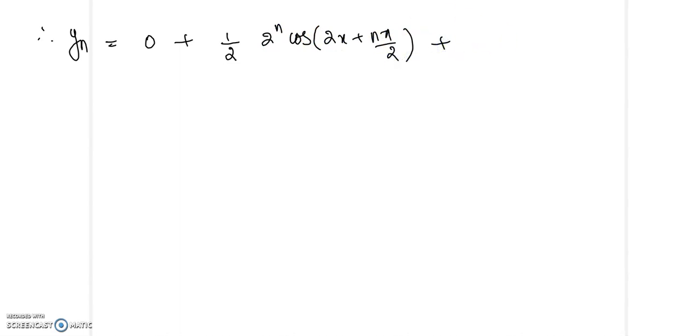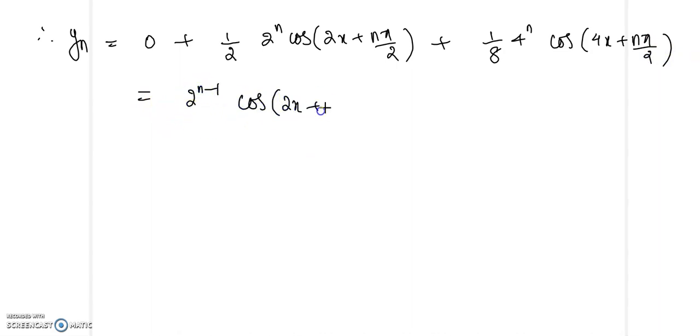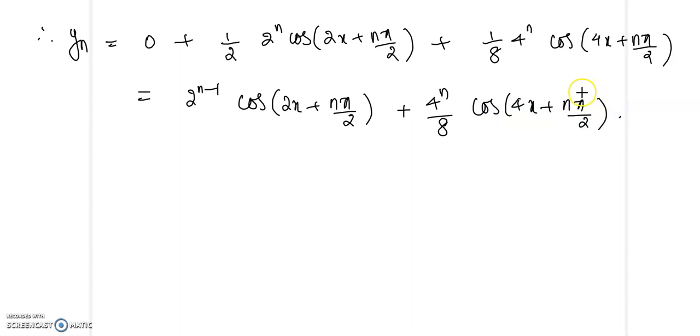Plus we have 1 by 8, a raised to n, 4 raised to n cos 4x plus n pi by 2. So that is equal to 2 raised to n minus 1 cos 2x plus n pi by 2, plus 4 power n by 8 cos 4x plus n pi by 2. So that is the required derivative.